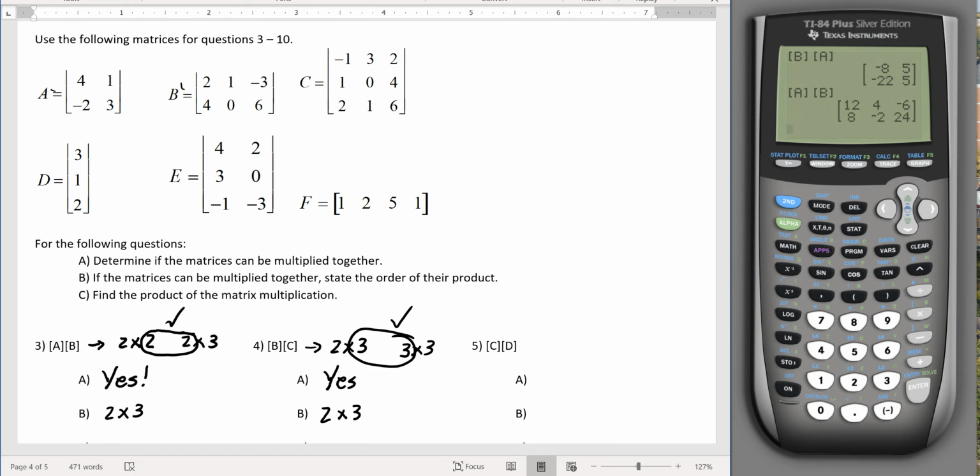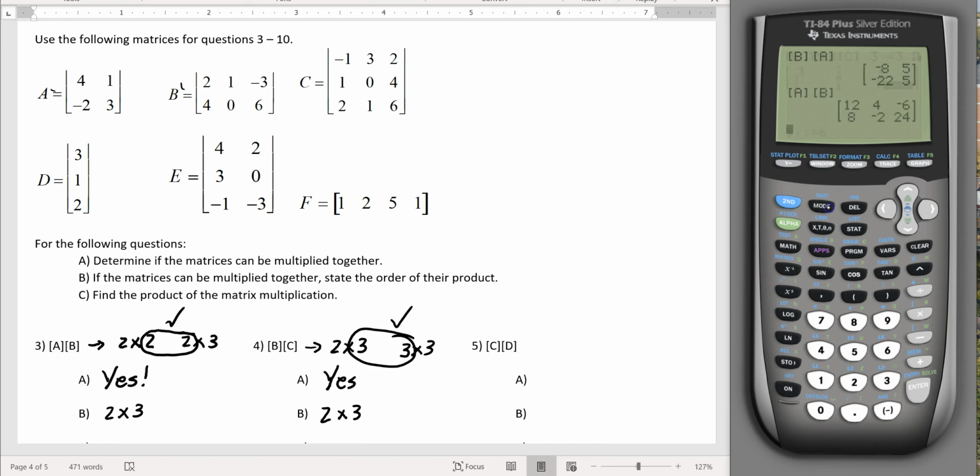I already have B typed into my calculator, but I need to change matrix C. Matrix C is a 3 by 3 matrix of -1, 3, 2, 1, 0, 4, 2, 1, 6.